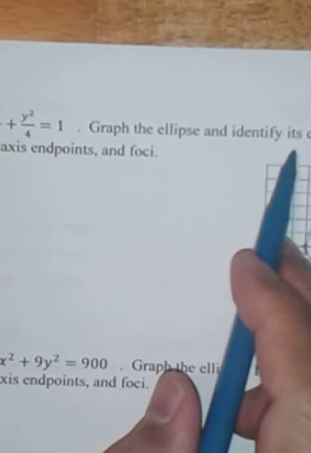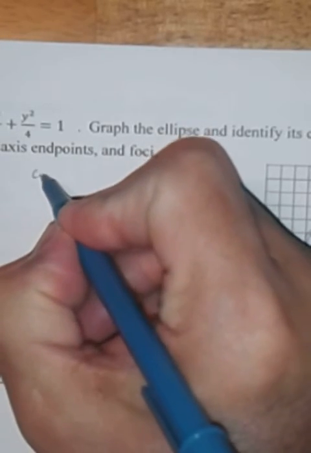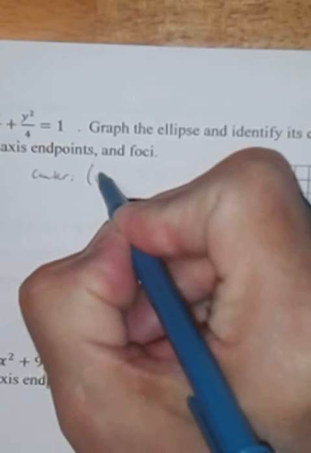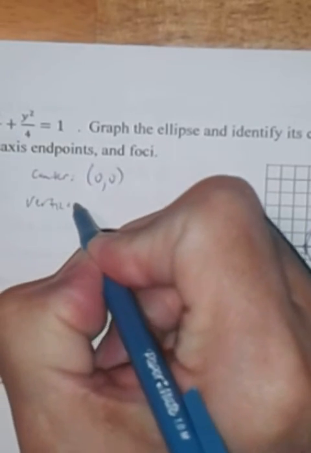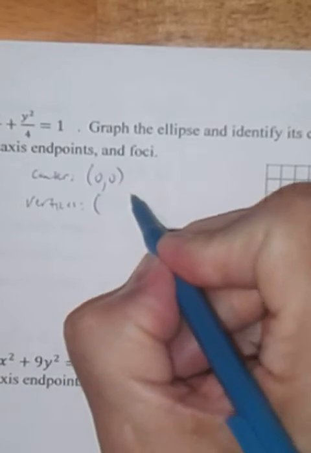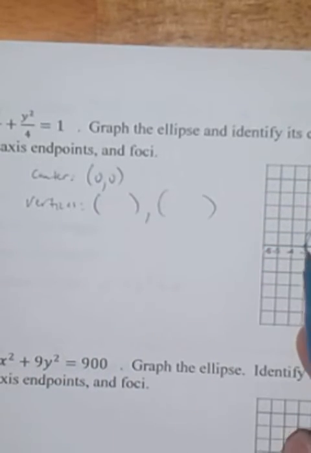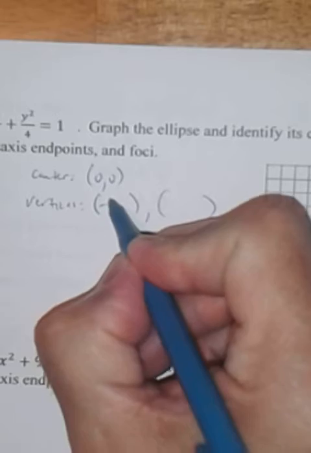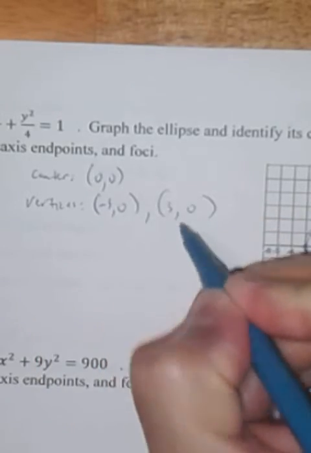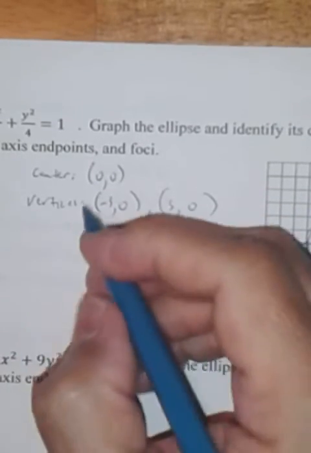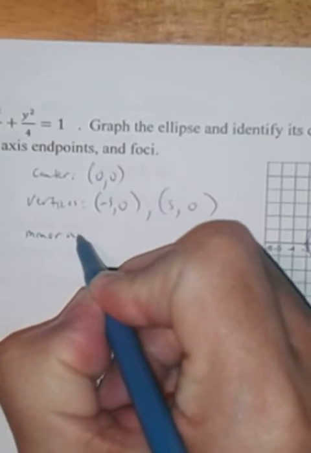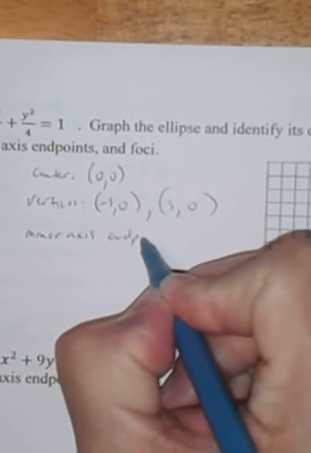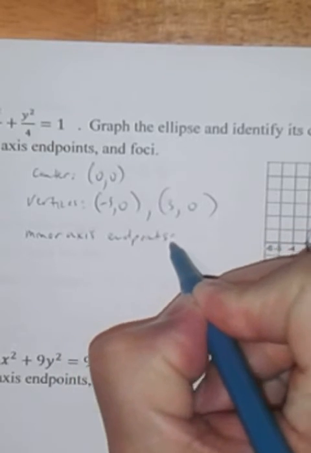Okay, and we can have the coordinates now. So the center, we can now list all these. The center is 0, 0. Vertices are negative 3, 0 and positive 3, 0. The minor axis endpoints, and those are given by b, right?